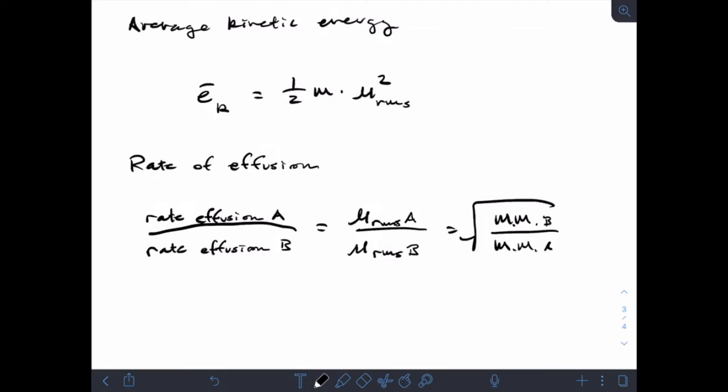That's why we end up with the molar mass of B over the molar mass of A.